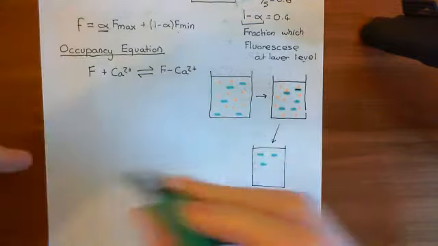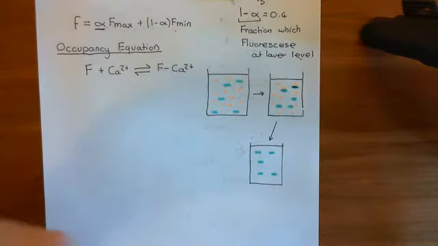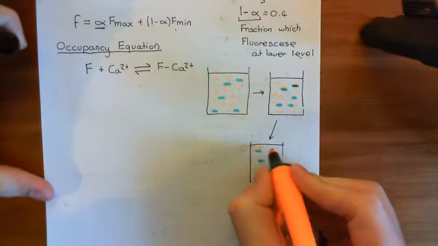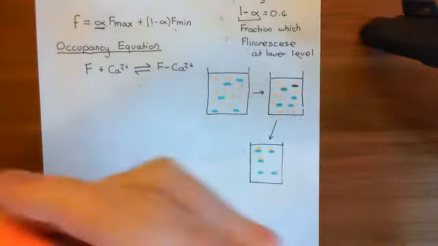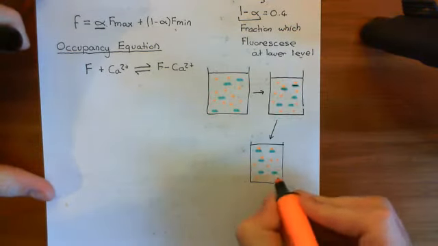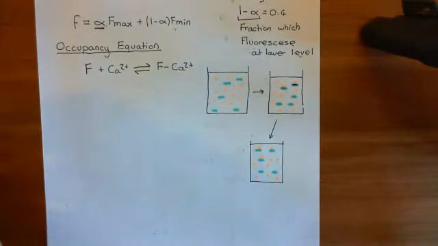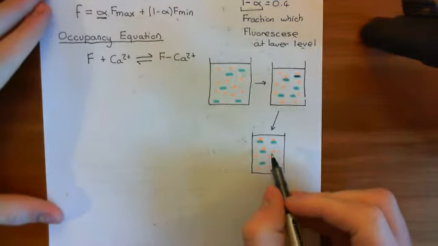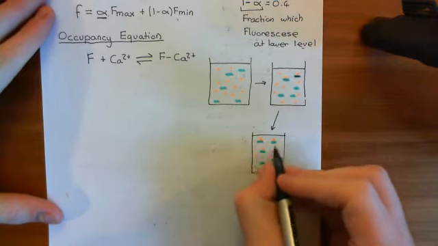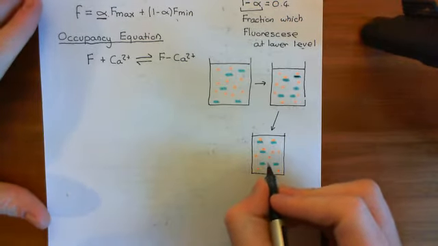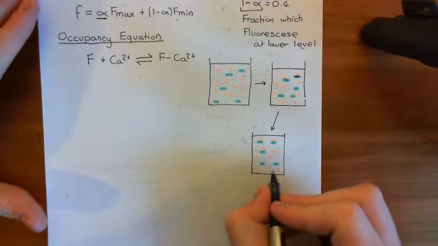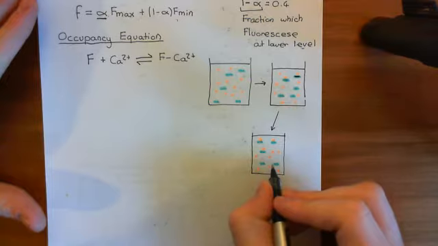So let's show these now. I'll just put all the Fluo-4 molecules. So maybe we'll now get to 3 Fluo-4 calcium complexes, and then we've got the 7 calcium ions that are still free. Okay, right. And let's say here we now get to equilibrium, i.e. the rate at which these Fluo-4 calcium complexes break down is the same as the rate at which you'll be making new Fluo-4 calcium complexes.